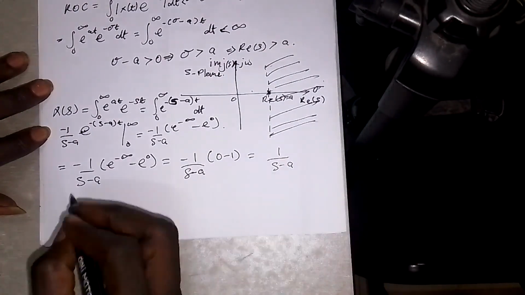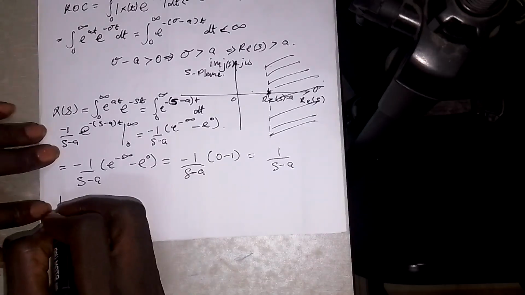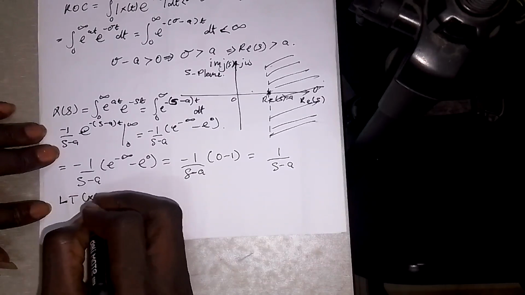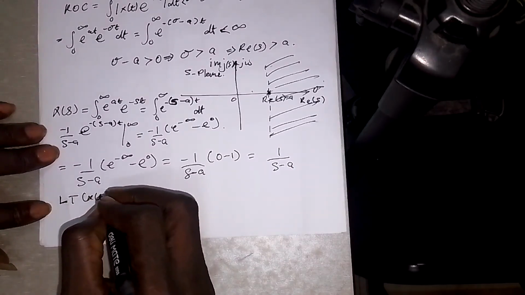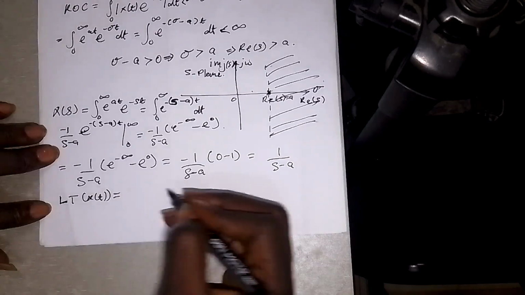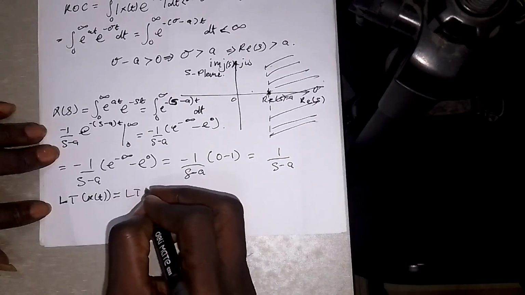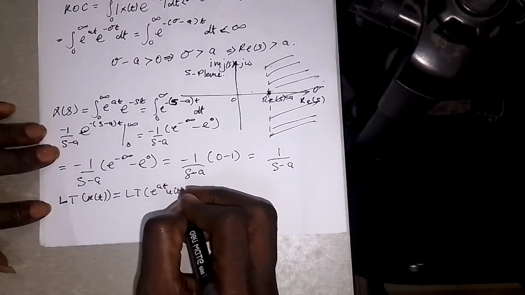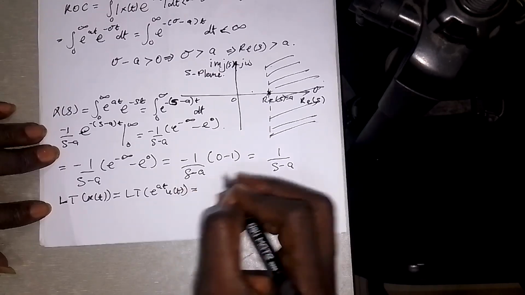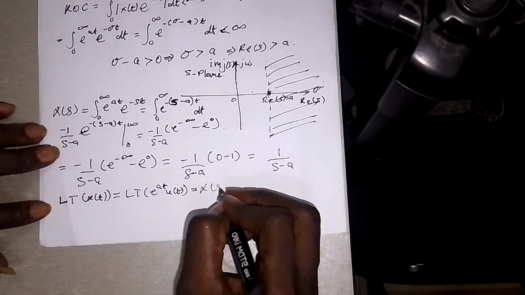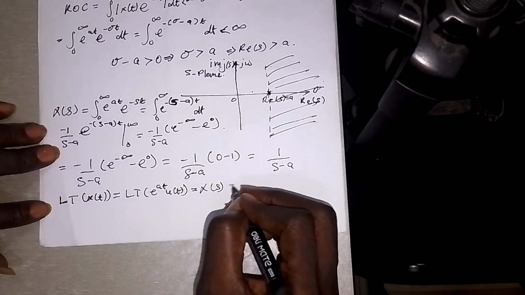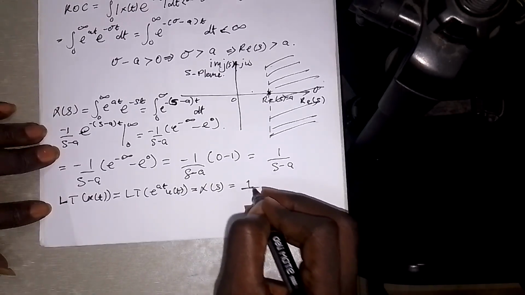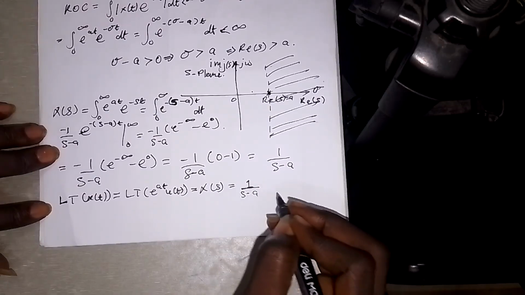So that means that the Laplace transform of x of t, which is equal to the Laplace transform of e to the power of at into u of t, is going to be equal to this X of s, which is 1 over s minus a.